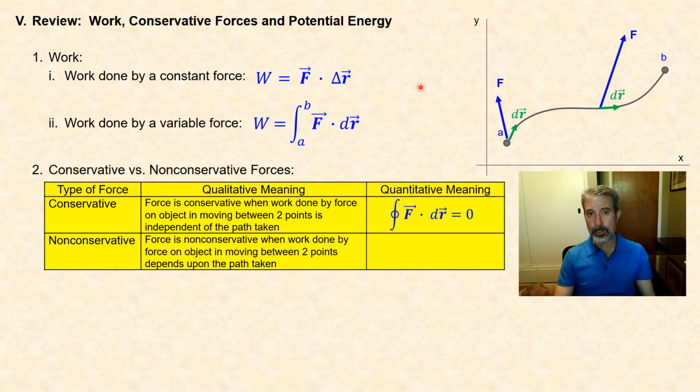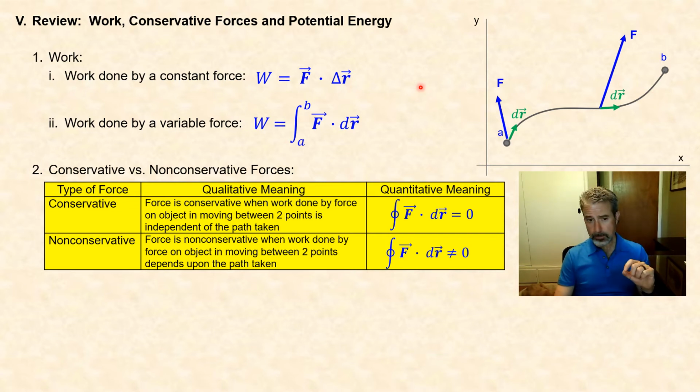The greater the distance taken, the greater the path length, the more work will be done by that force. So here we're saying that the line integral expressing the work done by that force over a closed path would not be equal to 0. Why? Because the work will depend upon the path taken.